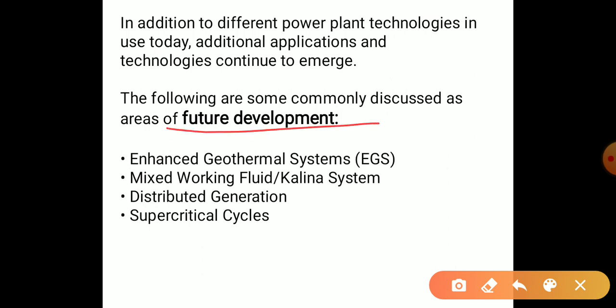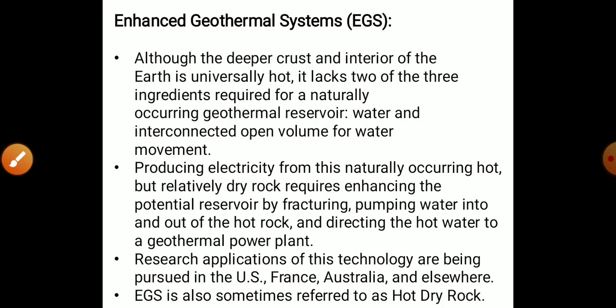This is not so important though, I just included it here. They are the enhanced geothermal system, the mixed working fluid or Kalina system, distributed generation, and the last one is the supercritical cycle.